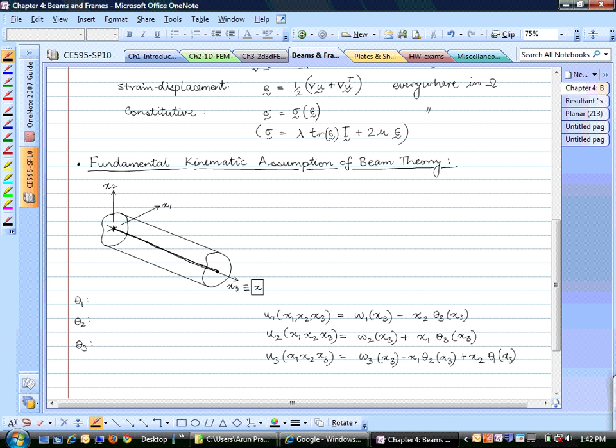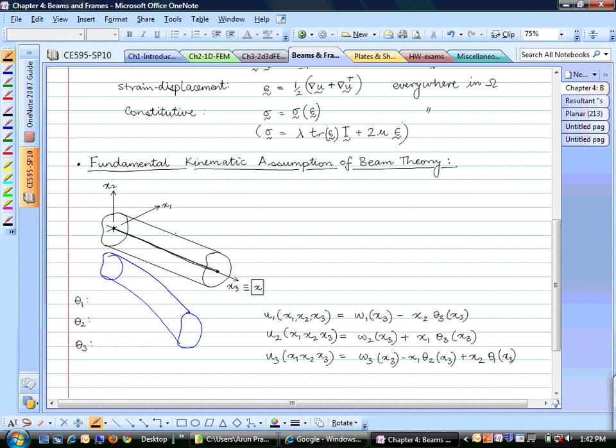So let's say there are some loads acting all over the surface of this beam, and after deformation, it takes this configuration, okay?